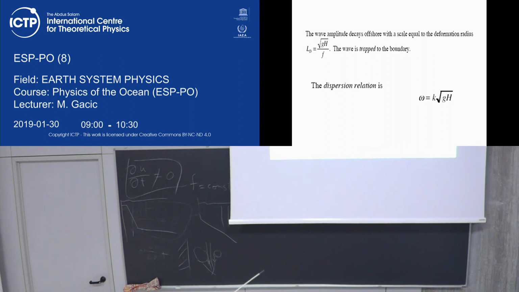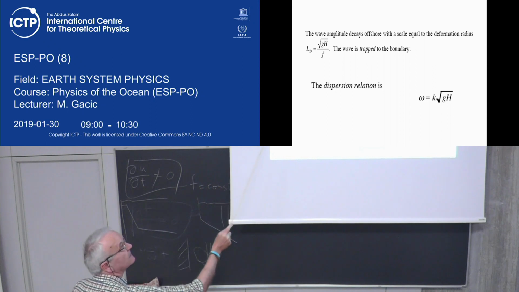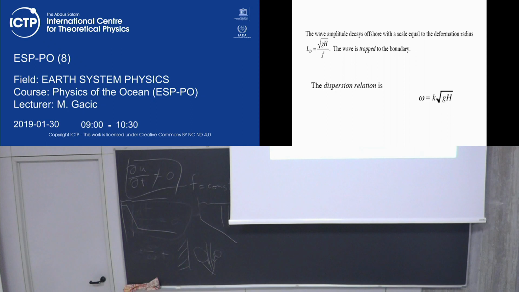From the equations and boundary conditions, we obtain that the scale on which the amplitude of Kelvin waves decays to 0 is the square root of GH over F. If you do the dimensional analysis, you can see that this really has the dimension of length, where G is the acceleration of gravity, H the depth, and F the Coriolis parameter.